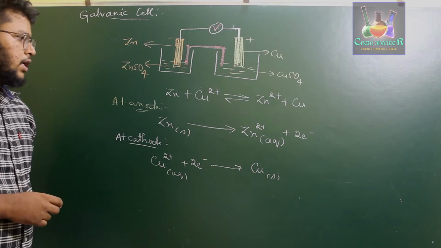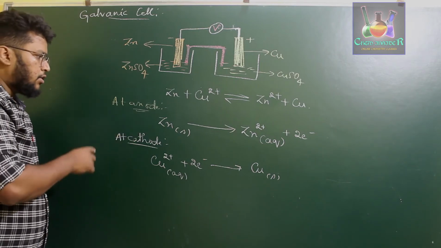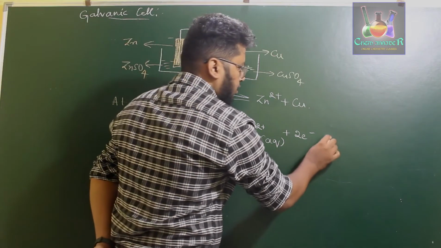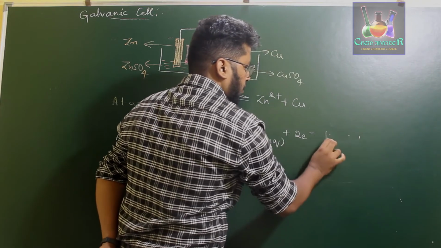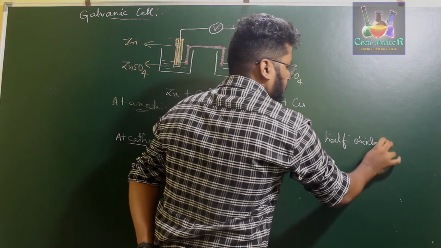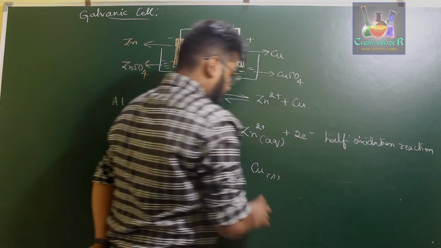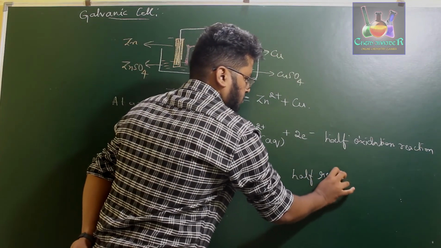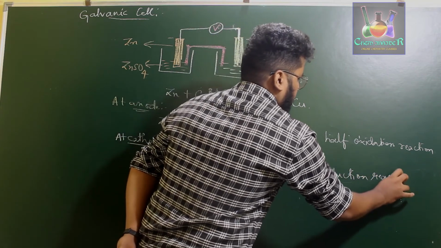Therefore, what we can state is that these two reactions which happen at the anode and cathode can be considered as the half oxidation reaction and the half reduction reaction.